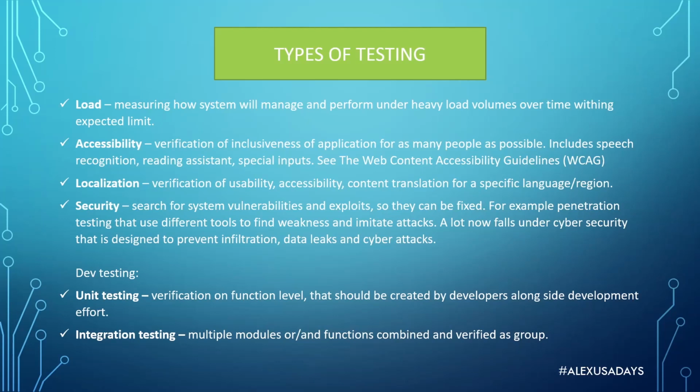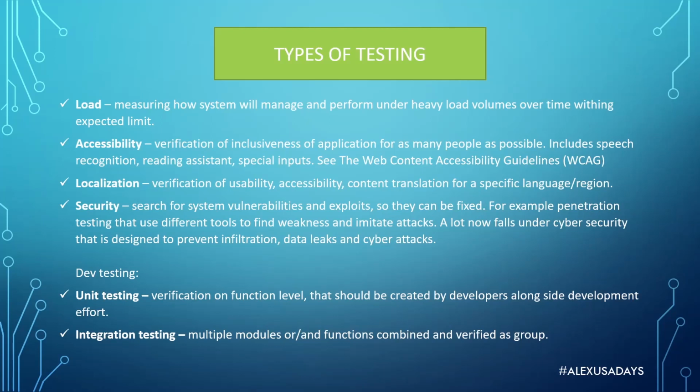And now you actually have a very specific branch of profession called cybersecurity specialists that do a lot of that. A lot of security testing falls under cybersecurity, and cybersecurity is actually designed to prevent infiltration, data leaks, and cyber attacks, whereas QA security is more into finding issues during development if there are security issues.